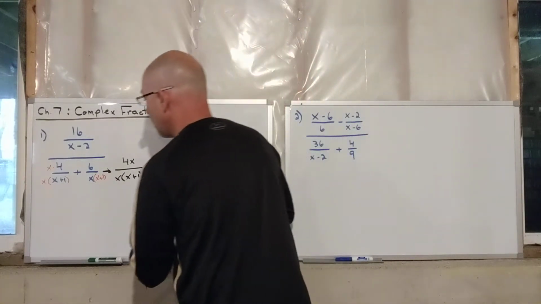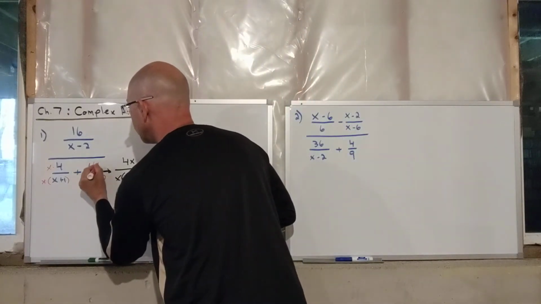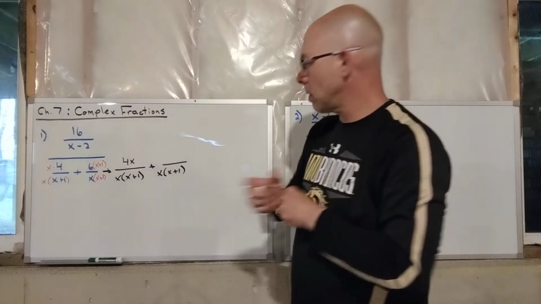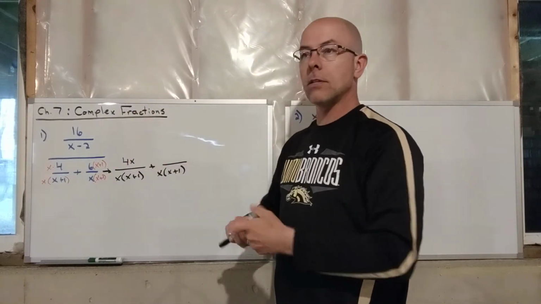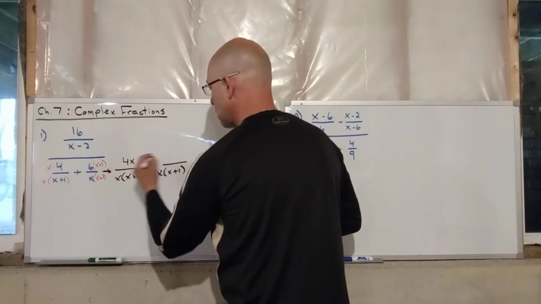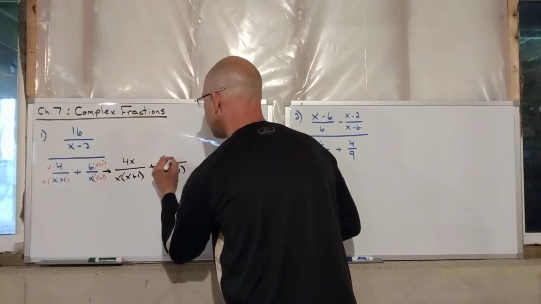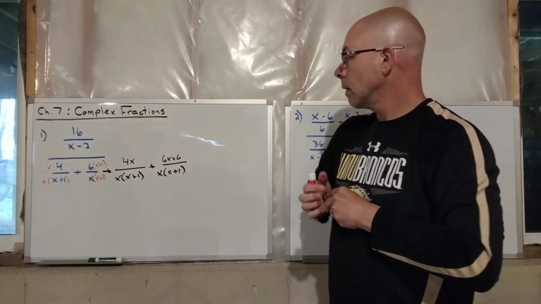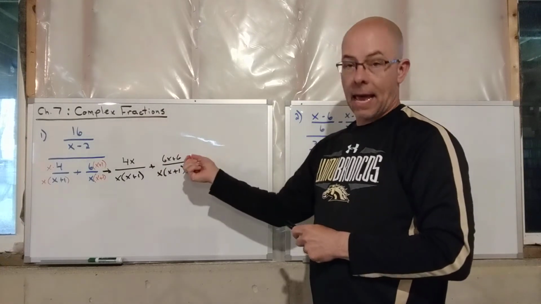So I do that to the top. And I must distribute there because when I add these, I have to know what my like terms look like. So this becomes 6x plus 6. Okay, now I'm ready to add those two fractions.